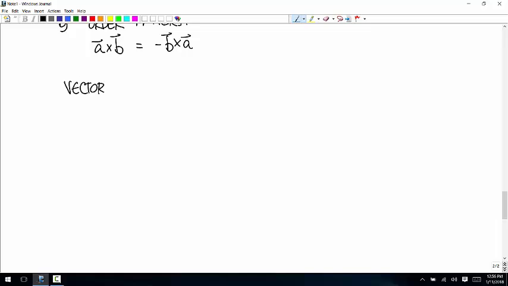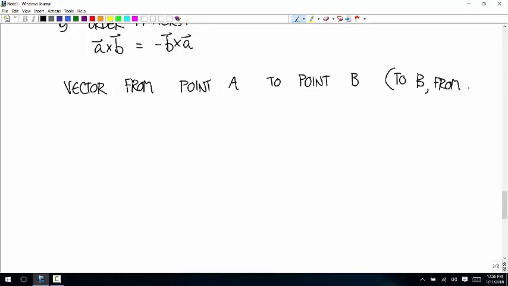So let's say a vector from point A to point B. Another way that I'll say this sometimes, don't get mixed up by the order that I write these down in, I'll also sometimes write this as to B from A. But we're talking about the point B being the destination and the point A being the starting point.